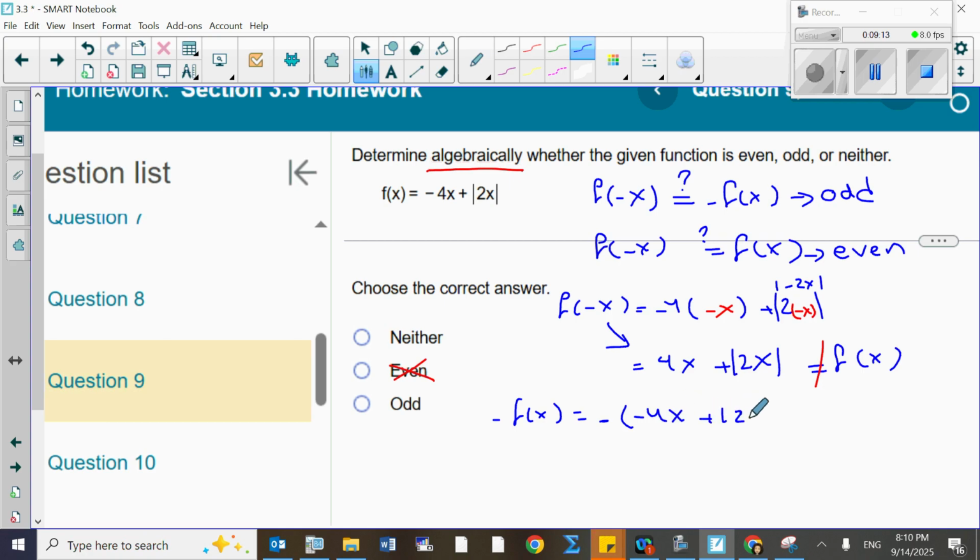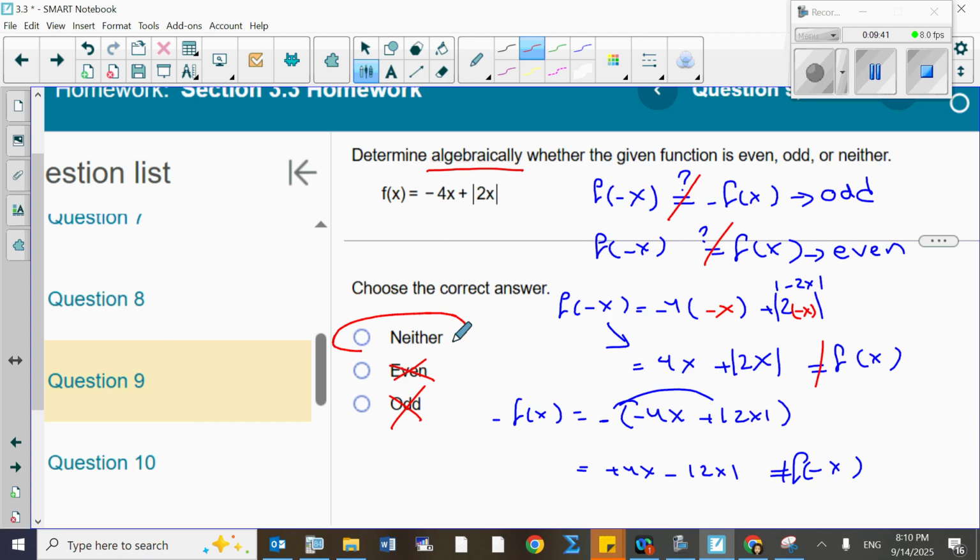The negative is going to be distributed. This is positive 4x, and here I will have negative absolute value of 2x. And this is not equal to f of negative x. So none of them is happening here. That means the function is neither.